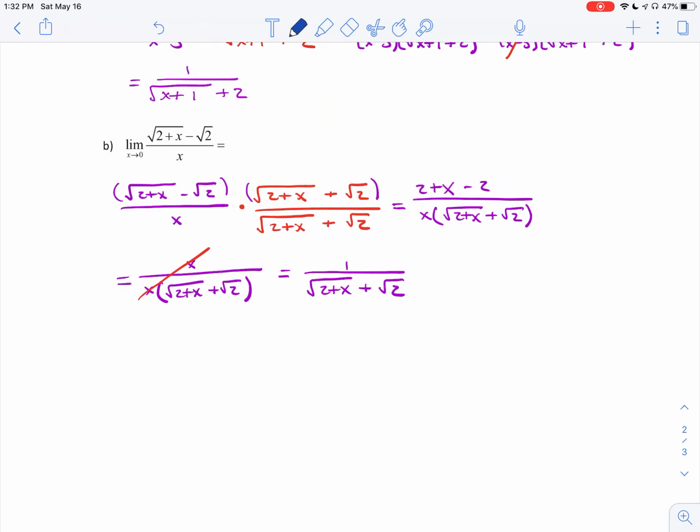All right, so our original limit then is equal to the limit as x approaches 0 of this new simplified function. And then we can just use direct substitution again. Go ahead and plug 0 in for your x's.